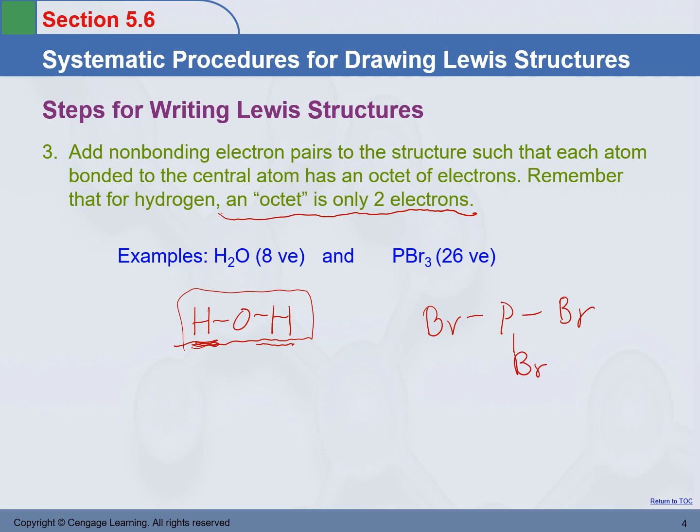Phosphorus tribromide, 3 bromine atoms outside. Let's satisfy them with 8 electrons. A single bond is 2 electrons. Let's add 6 more to it. Now bromine has 8, happy. This is the end of step number 3 for phosphorus tribromide.